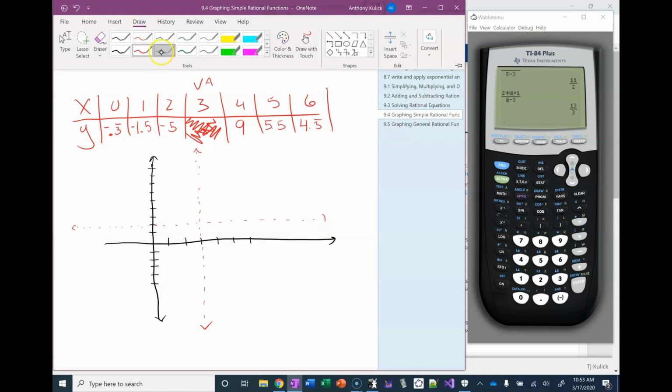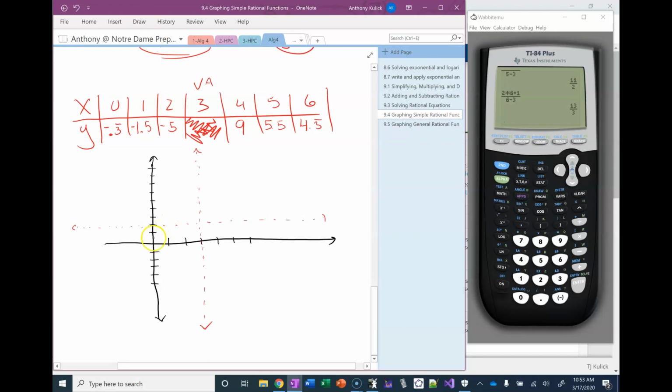And I'll draw my points. So 0 and negative 0.3, 1 and negative 1.5, 2 and negative 5. This one's going to look something like that. It probably shouldn't look so lumpy there through the middle, but as you guys know by now, drawing with the stylus isn't easy.